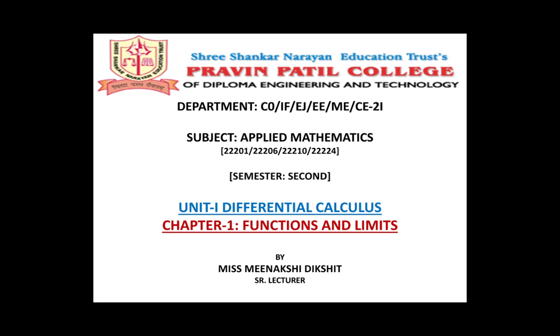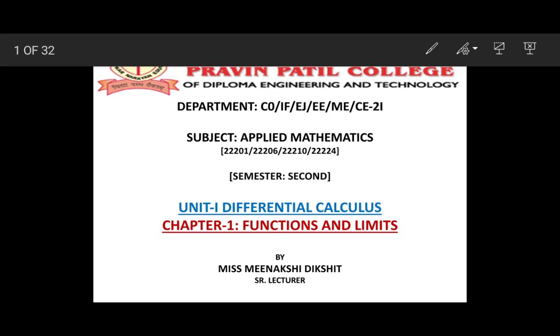So, that's why I have written here department as CO, IF, EJ, electrical, mechanical, civil, 2I. Okay. Now, applied mathematics, there are many codes. There are 4 codes. One code is 22201. This code is for civil engineering.